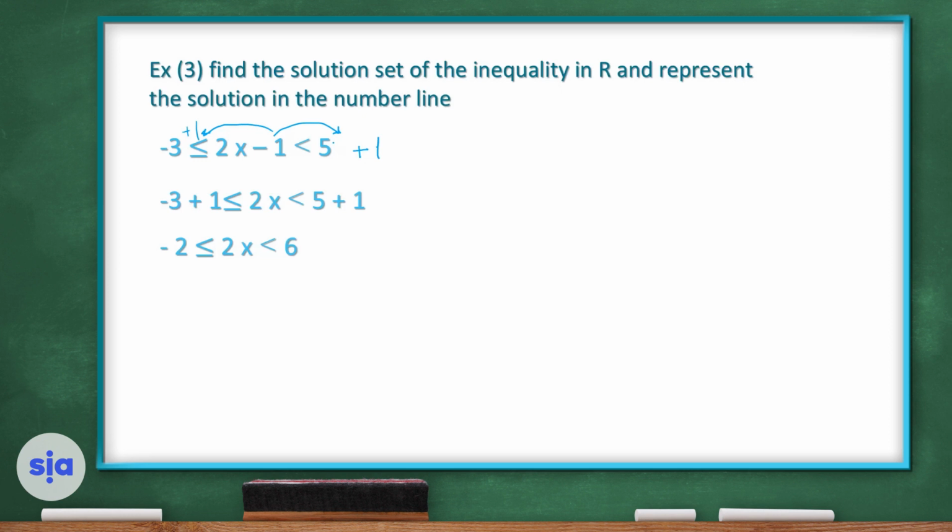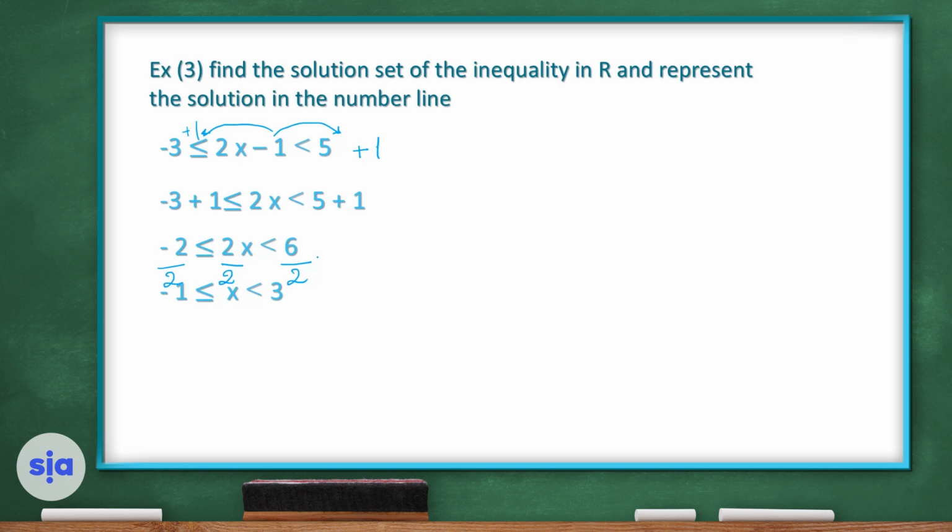But here we're going to divide by 2, which is a positive number, so there's no need to change the inequality symbol. So here we divide by 2 here, we divide by 2 here, and we divide by 2 here. As you can see, it will be negative 1 less than or equal to x less than 3.